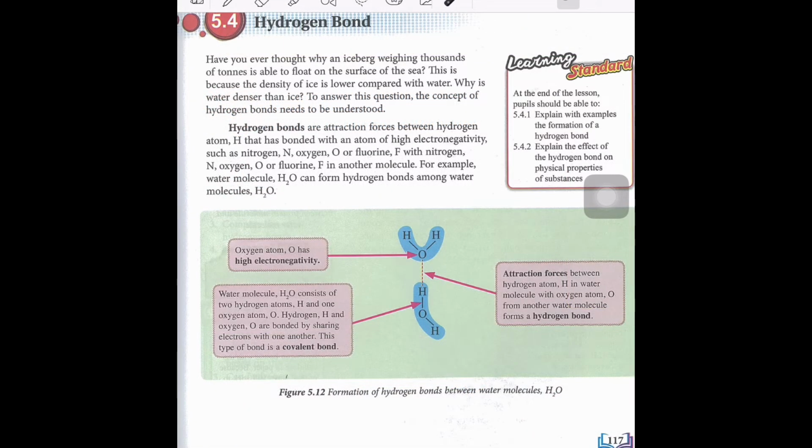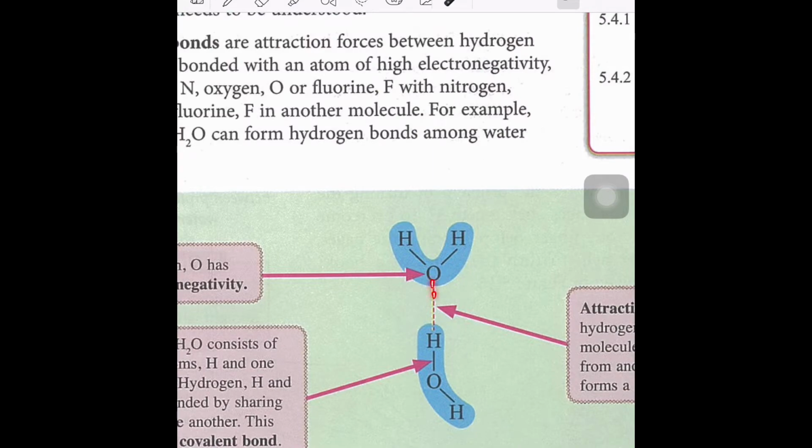So what is hydrogen bond actually? Hydrogen bonds are actually attraction force, daya tarikan. You can see in this picture, hydrogen bond is this one, the red lines here, yang garisan merah putus-putus.